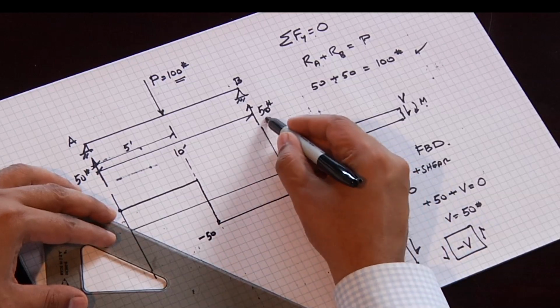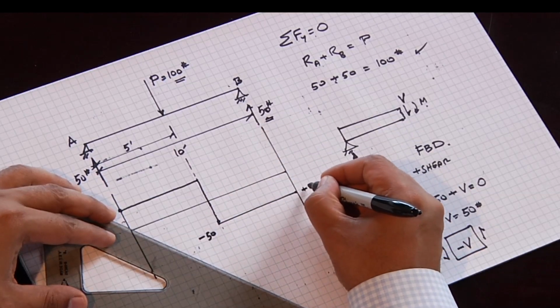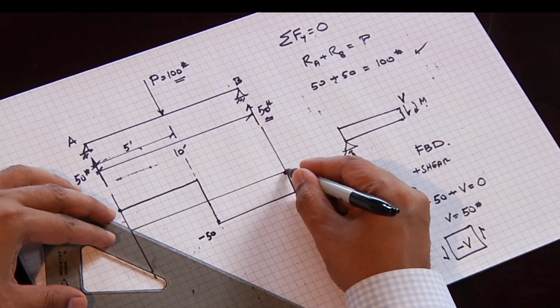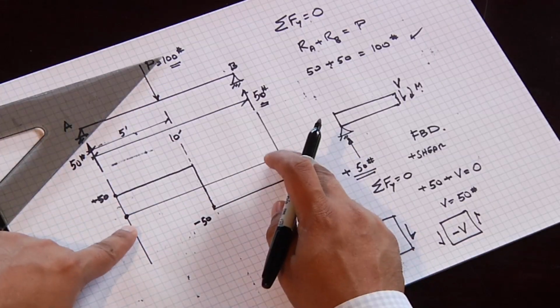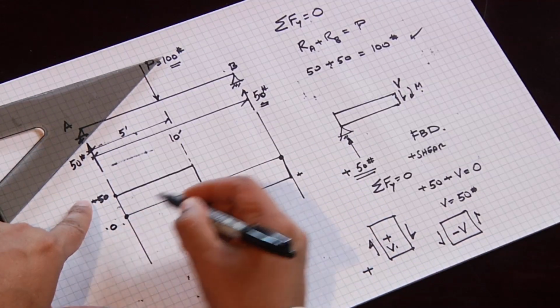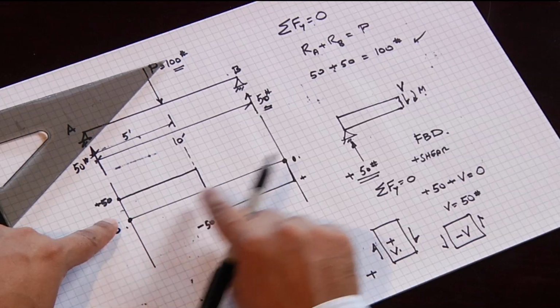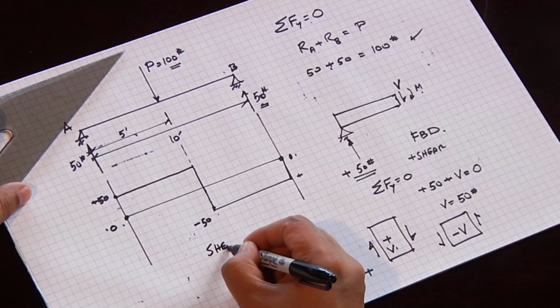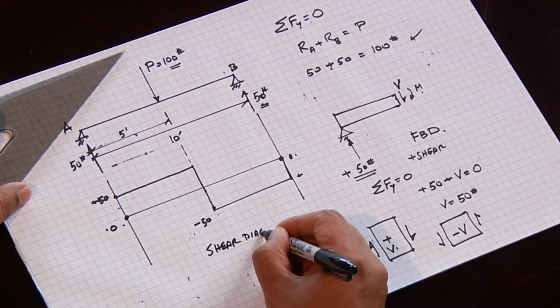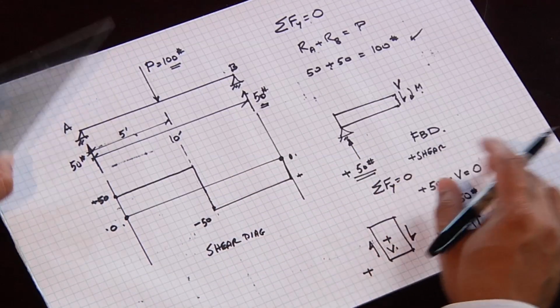When it reaches the right reaction point, we again go back up to plus 50 and it goes back to 0. So the fundamental rule in drawing a shear diagram is you start at 0 and you end at 0. You always have to start at 0 and you always have to end at 0. And so that's your shear diagram for this simply supported beam.